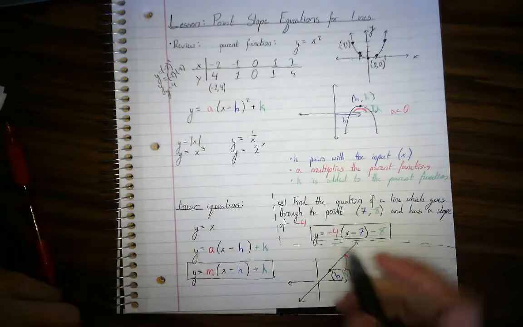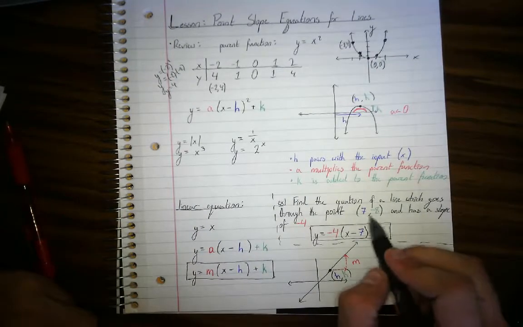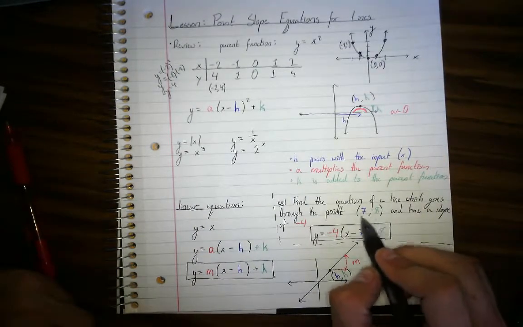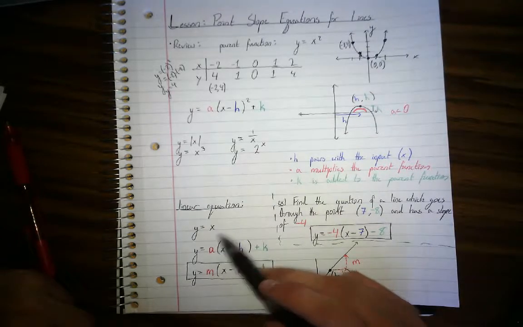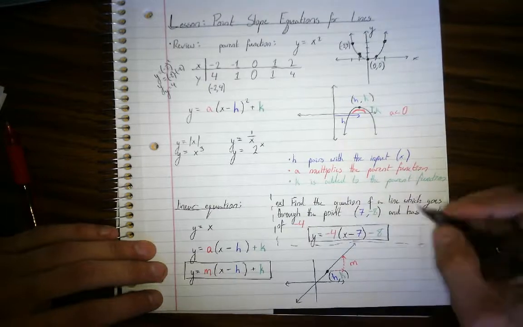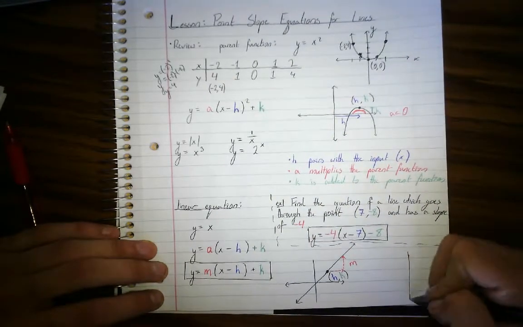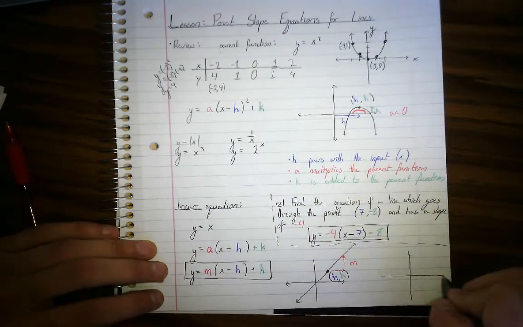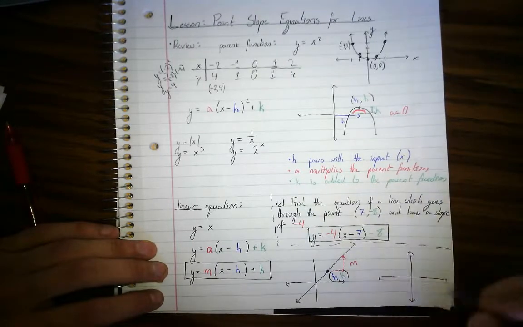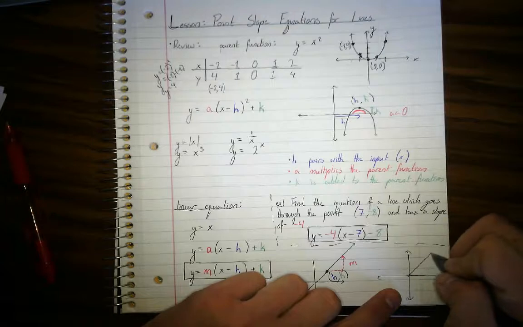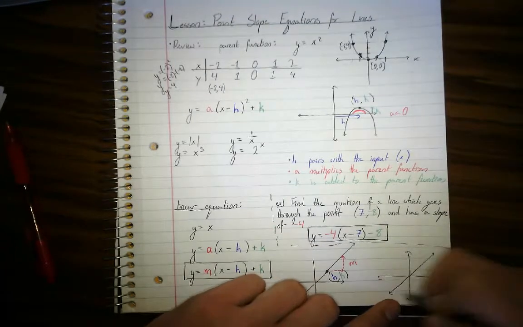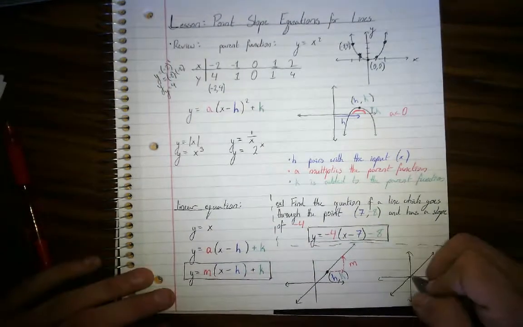So one thing that might be a little confusing is, well, how are we shifting it if we're just given one point? But we have to keep in mind we're always comparing it to our parent equation. So if we're looking at our parent function, it goes right through the origin with a slope of 1.